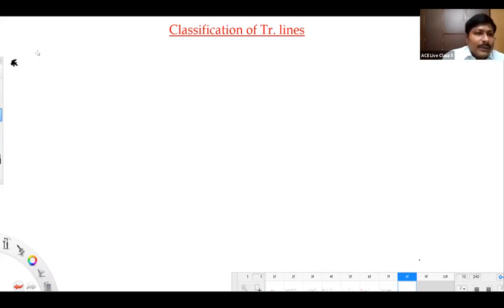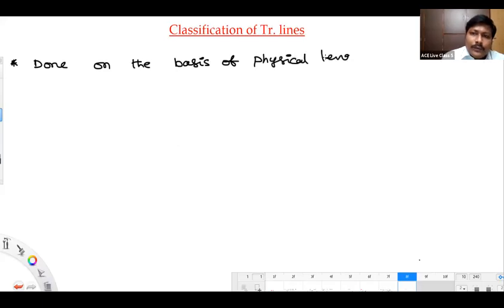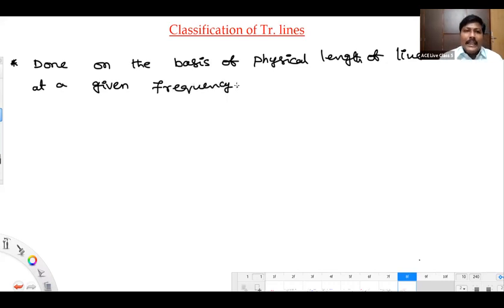So, done on the basis of physical length of line at a given frequency.